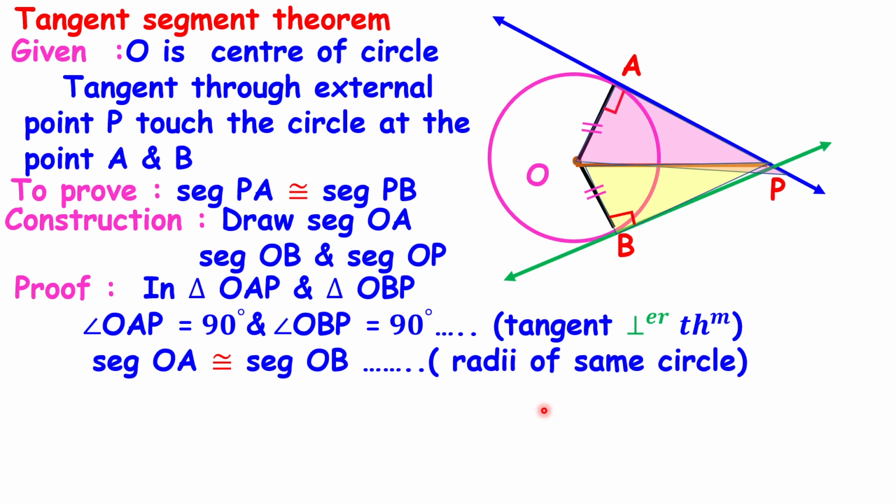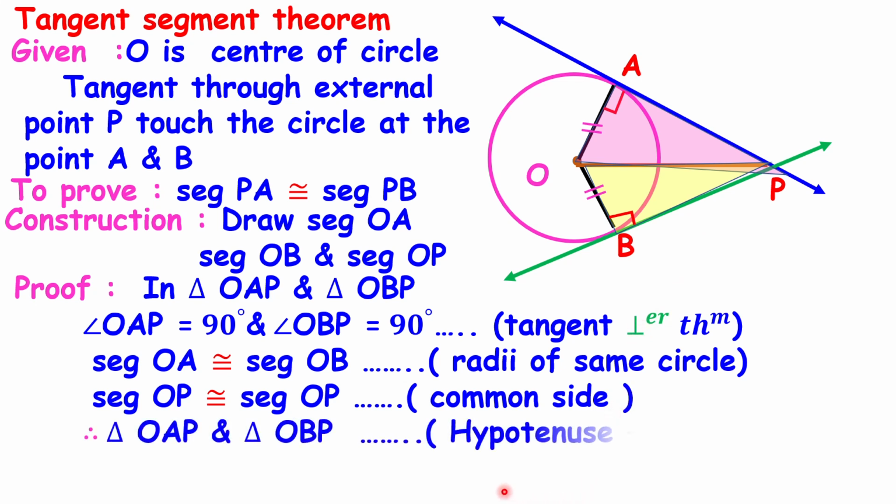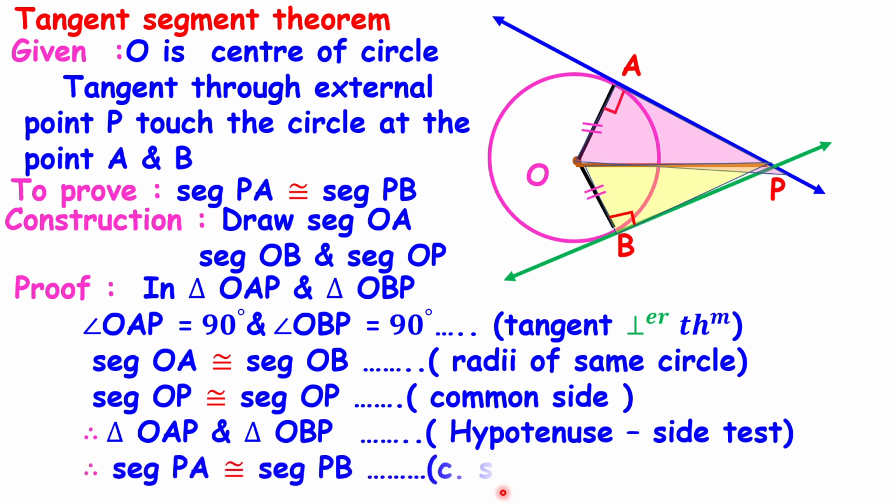Therefore hypotenuse OP is congruent to hypotenuse OP because the common segment or common side. म्हणजे लक्षात घ्या, hypotenuse side test आली ना इथे. Therefore these two triangles are congruent by hypotenuse side test. Therefore the segment PA is congruent to segment PB, corresponding sides of congruent triangles. Hence we prove that the tangent segments are congruent.